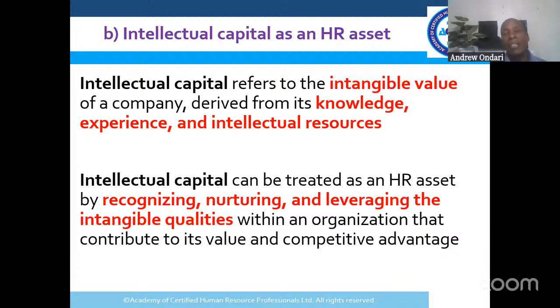I explained from the beginning of part 3 of this presentation that this refers to the intangible value that we derive from the knowledge, experience, and expertise of our employees. And the value has been demonstrated through the financial impact, which is the revenues we generate, the profits that we make, and the costs that we reduce.